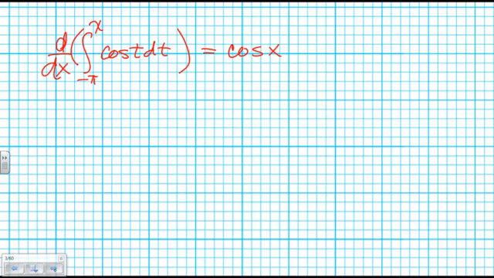Because this expression is a function of x. When you give me different values to plug into this expression, I'm plugging it into an x value. So it's a function of x. I'm not plugging it into t. I'm plugging it into that value there.